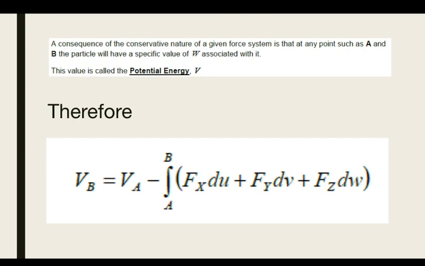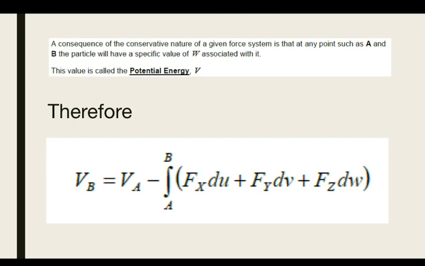A consequence of the conservative nature of a given force system is that at any point such as A and B, the particle will have a specific value W associated with it. So if you move from point A to point B, the particle will have an energy W associated with it. This value is called the potential energy.